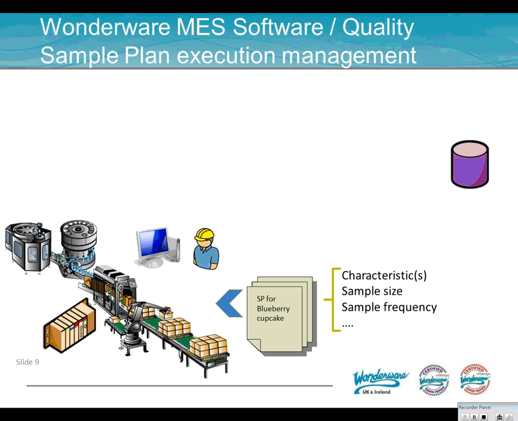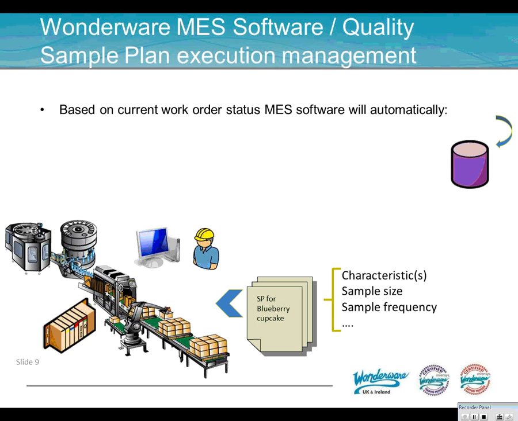And finally, the frequency at which the samples are to be generated. So this might be simply on a time basis, so you want to take a quality sample every hour, or it might be, say, that you do it 4 times during a shift, or it might be associated with the actual work order. So as soon as you start the work order, you do a quality sample. You need to do one just before completion and 2 or 3 times during the execution. So the sample frequency determines when data has to be collected.